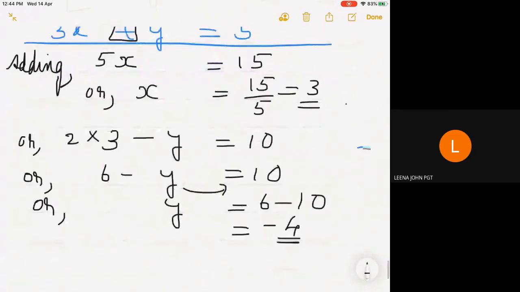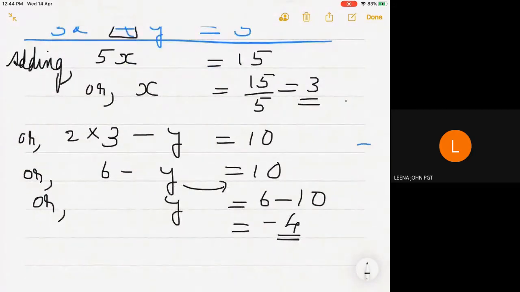So the solution of the matrix equation, the value of x and y, is x equal to 3, y equal to minus 4.